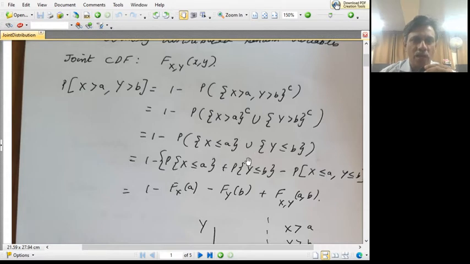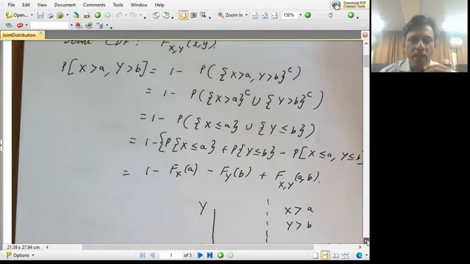This and this become negative, this becomes positive, and you can identify this to be nothing but the marginal CDF of X, this to be the marginal CDF of Y, and this to be the joint CDF of X and Y. So we get P of X greater than a, Y greater than b to be equal to 1 minus F_X(a) minus F_Y(b) plus F_XY(a, b).